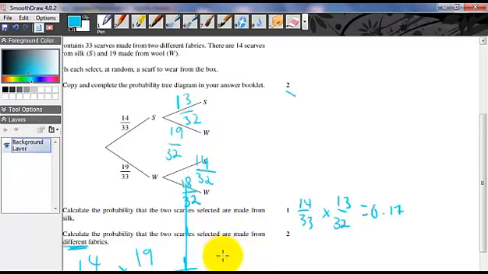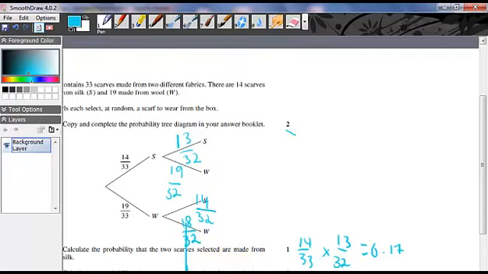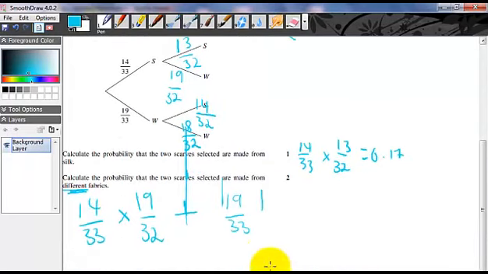So it's going to be 19 out of 33 times by 14 out of 32 for the silk. Right?